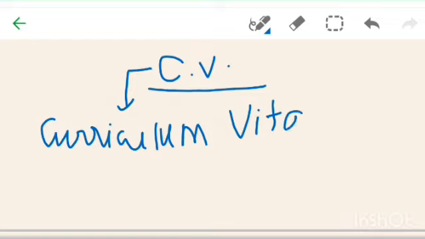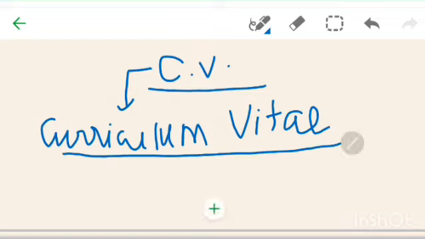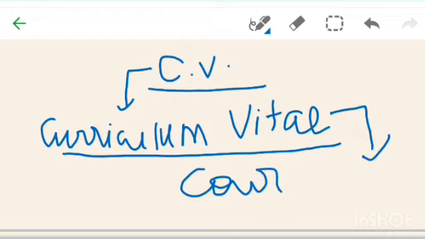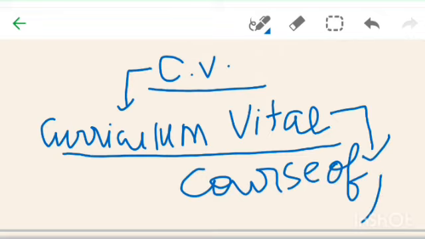Vitae. Curriculum vitae. This is the full name of CV. In short, we say CV. What does this mean? This means course of life. The literal meaning of curriculum vitae is course of life.